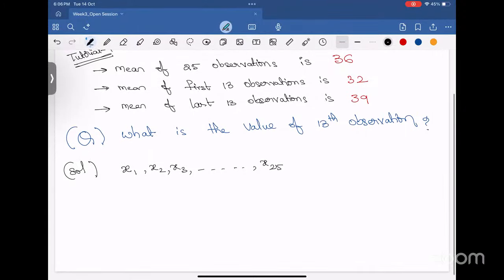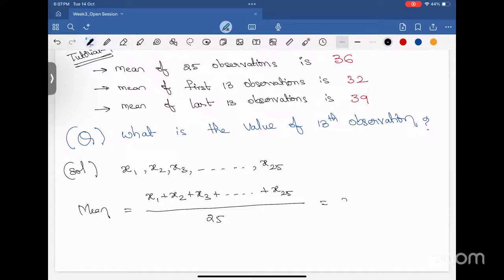From the first information given to us, the mean of these 25 observations is x1 plus x2 plus x3 and so on plus x25, divided by 25. So this is the mean, and this is given to be 36.